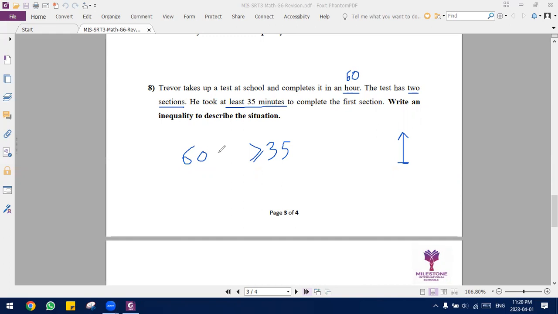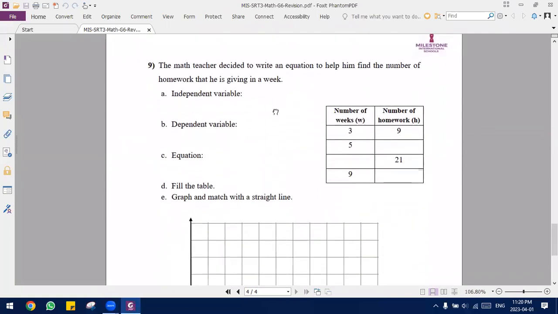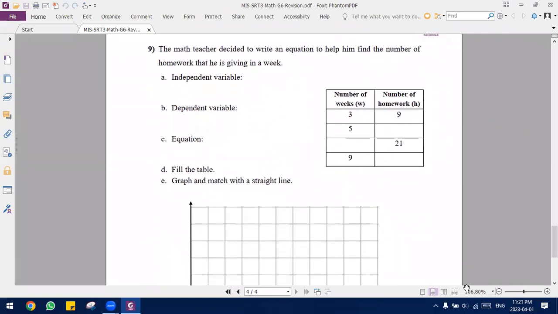So we have 60 minus the part that he finished, but we don't know how long it takes him, so we put an X. Because the test has 2 sections, they said he took at least 35 minutes. So this is what is left. We have 60 minutes minus what he did, and we have at least 35 minutes.